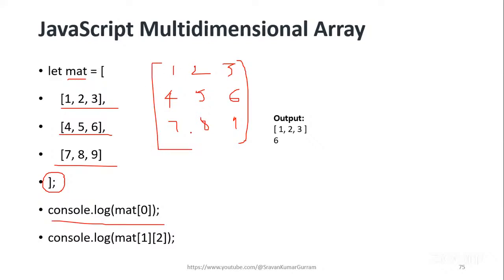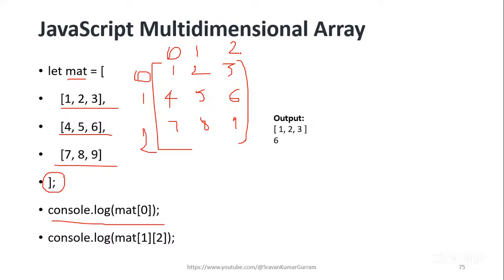Now, how to identify these individual elements? We use the same index mechanism for rows and columns. The row index values are 0, 1, 2, and the column index values are 0, 1, 2. Like that, you need to write index or indices values for rows and columns.